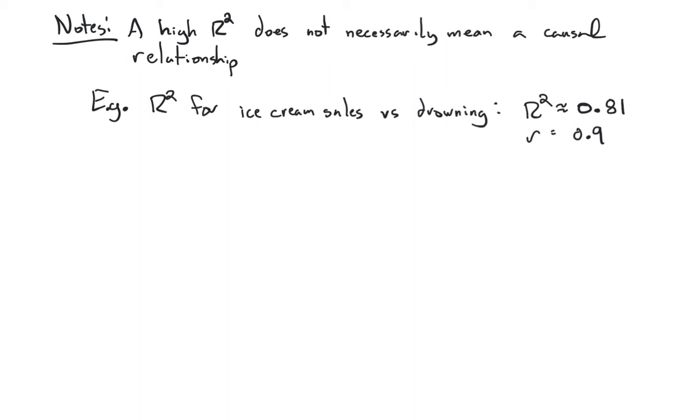If we graphed two variables, ice cream sales and drowning deaths per year, let's say, ice cream here and drowning deaths here. It turns out that as ice cream sales increase, so do drowning deaths.